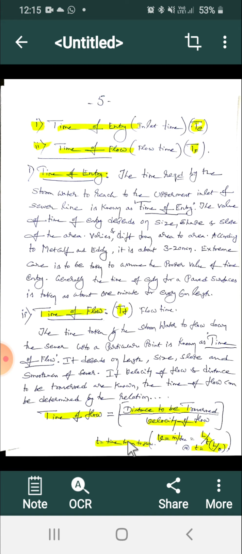What is the meaning of velocity? What is the unit of velocity? Meter per second. That means distance traveled with respect to time.